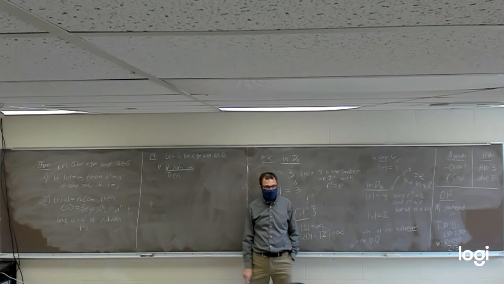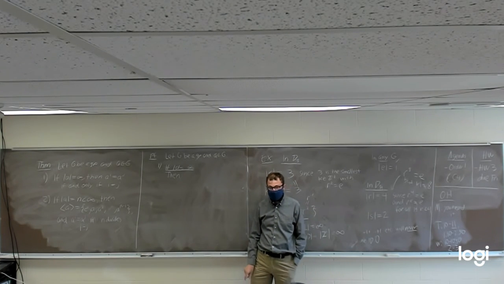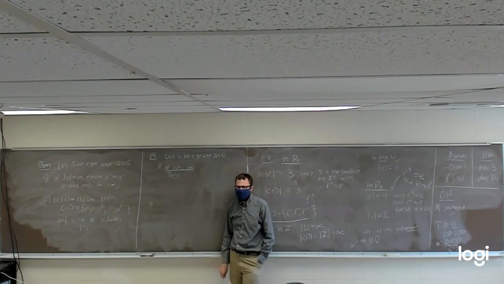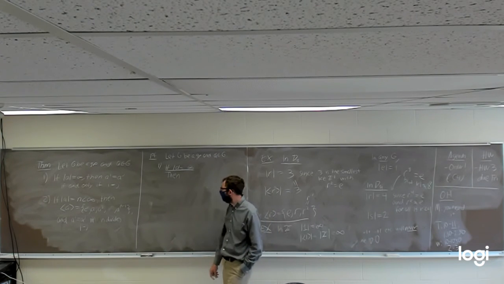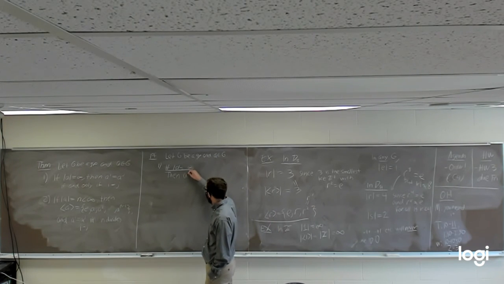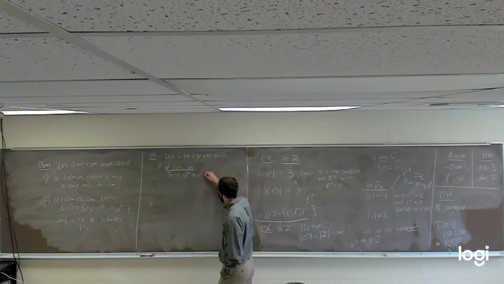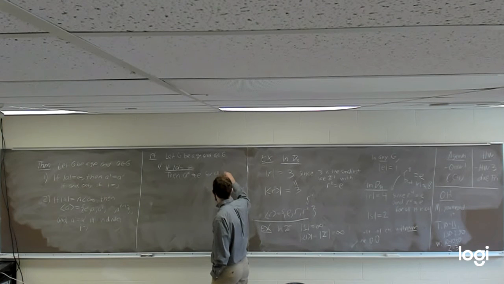what does that tell us by definition has to be true about A? What did it mean to say that A has infinite order in a group? A to the power of k is not equal to E for all positive integers k.